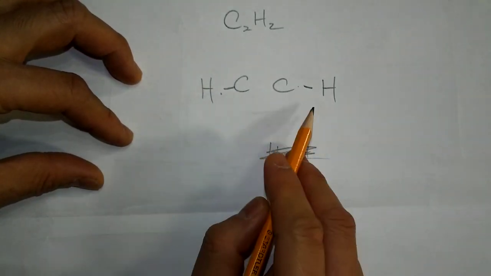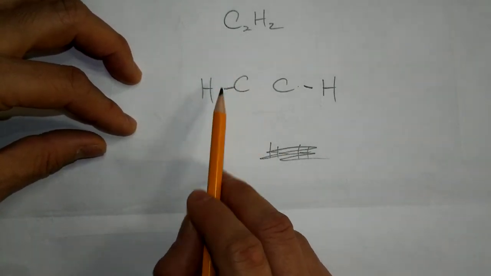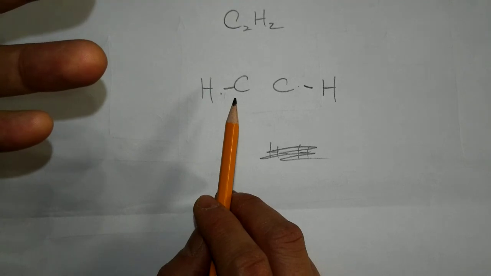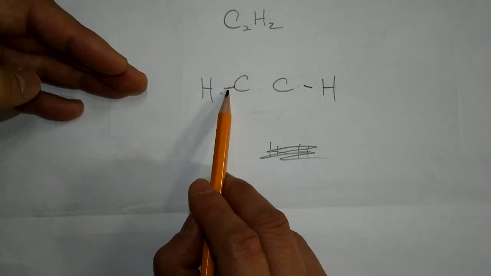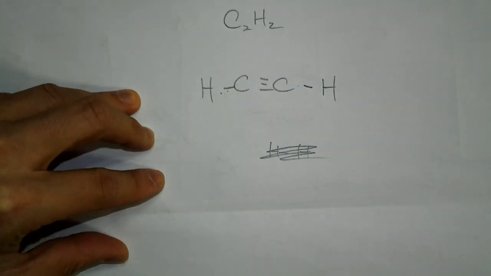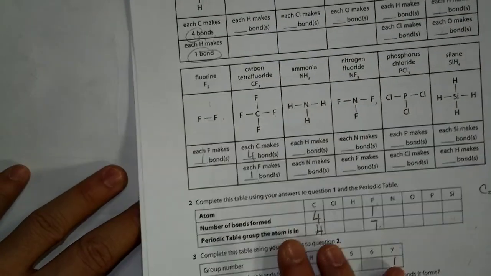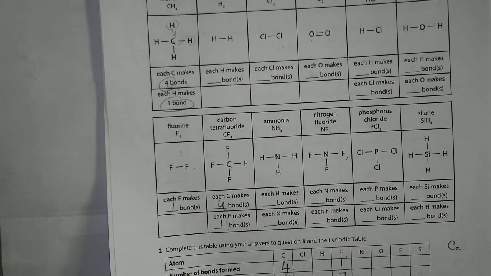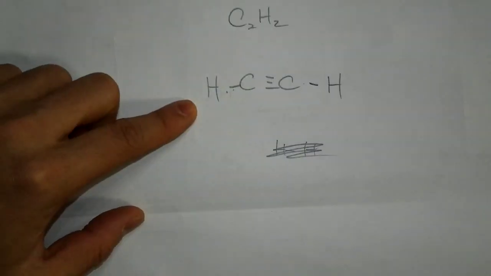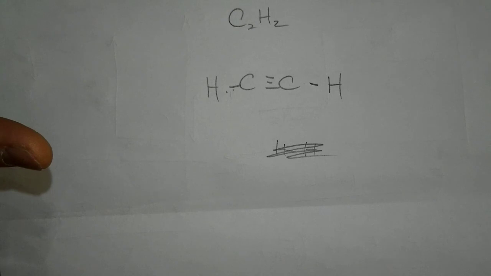So hydrogen forms 1 bond with the carbon, and now each carbon needs to have 4 bonds. Since it formed 1 with the hydrogen already, it must form the rest like this. Do you guys follow so far? So by knowing how to do this properly, you should be able to deduce most of these molecular structures. Questions?